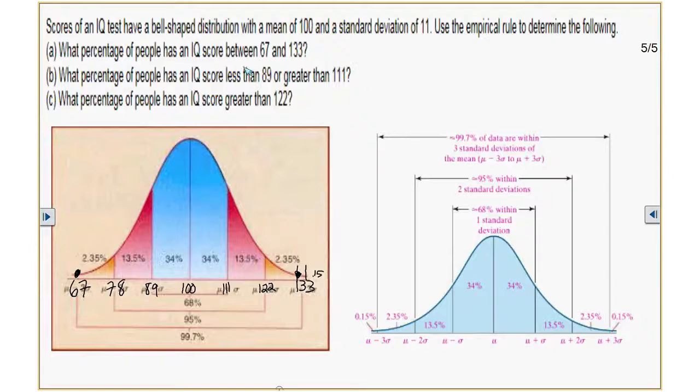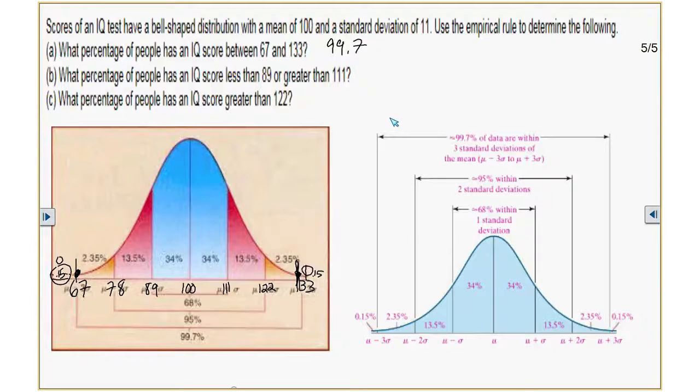So your answer to the first one is 99.7. The outliers right here are 0.15 and 0.15. So what's 15 cents and 15 cents? 30 cents. And what's a dollar minus 30 cents? 99.7 cents. So 99.7 is your answer for number one.